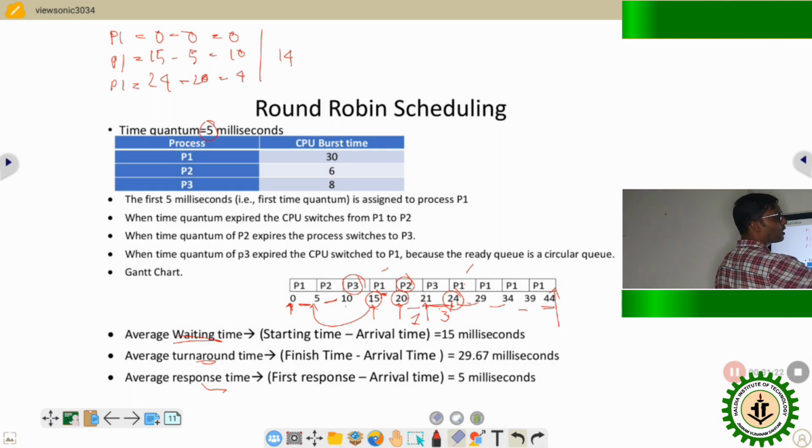Similarly, for process P2, starting time minus arrival time. For P2, the starting time is 5 and the arrival time is 0, so it is 5.